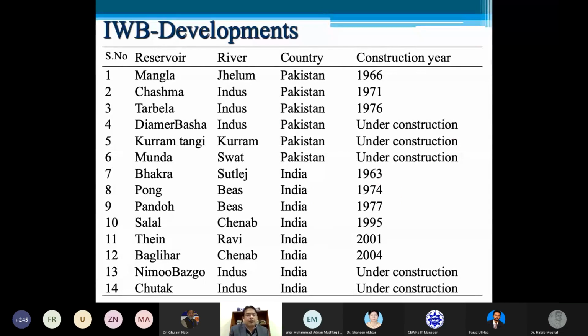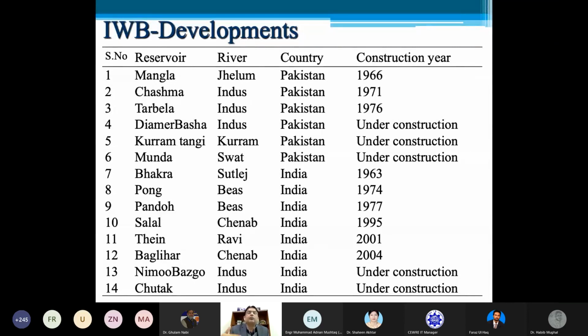Then we have Nimu Bazgo, Chutak, and Baglihar is also on the way. So all these dams contribute towards storage, but at the same time, the upstream riparian uses those dams to divert water for their use.